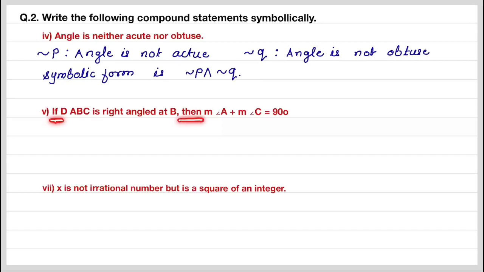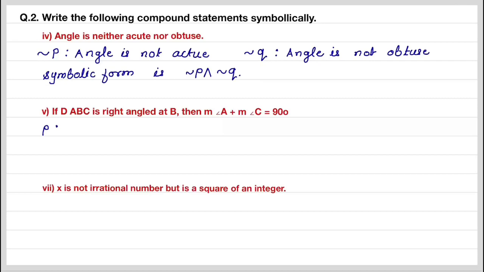Your logical connective used is if, then. That means this is implication. Here first statement is triangle ABC is right angle at B. And second statement is measure of angle A plus measure of angle C is 90 degree.